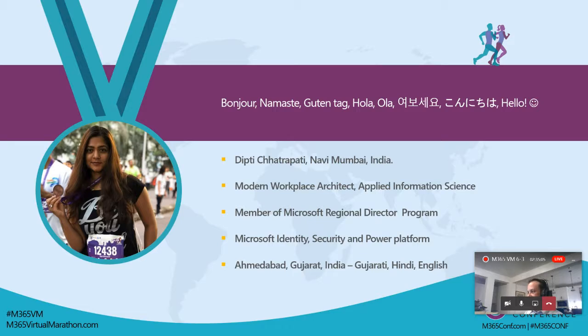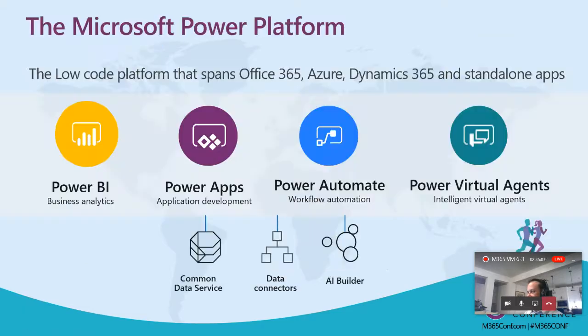Now let's talk about the Power Platform. You might have seen this slide in a lot of sessions already. What about the components of the Power Platform? There is Power Apps, which is the toolset for low-code app development. There are 3 styles of applications that you can create: the Canvas application, model-driven, and portal app.